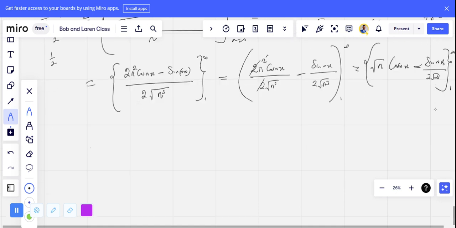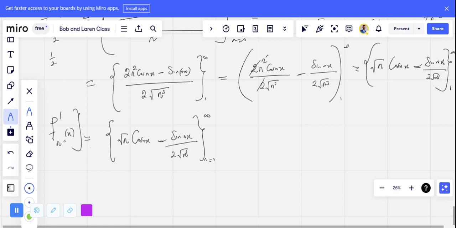So this is what I want to consider: square root of n cos nx, together with sine nx over 2 n raised to the power of 3 over 2, the sum from n equals 1 to infinity. So this is automatically my fn prime of x, right?